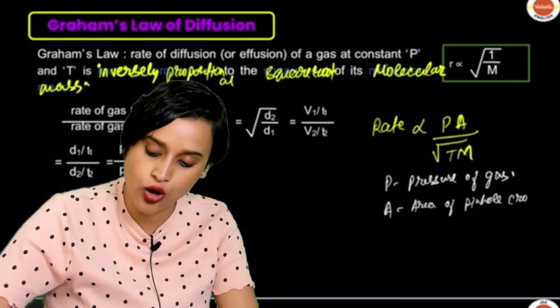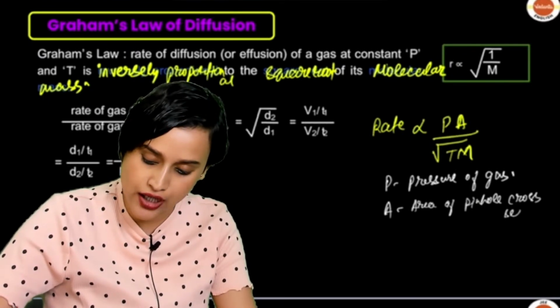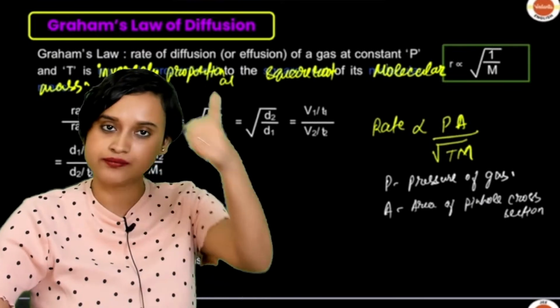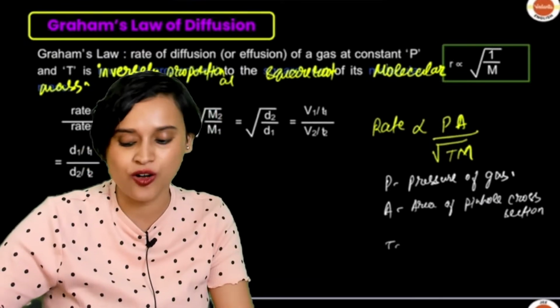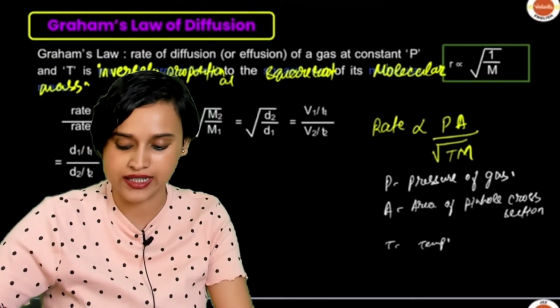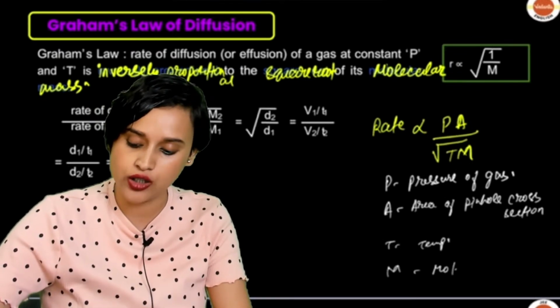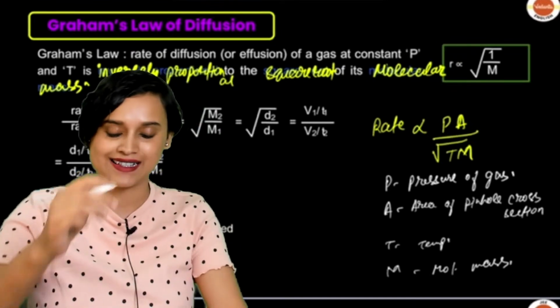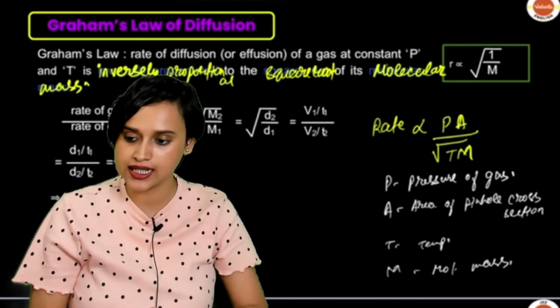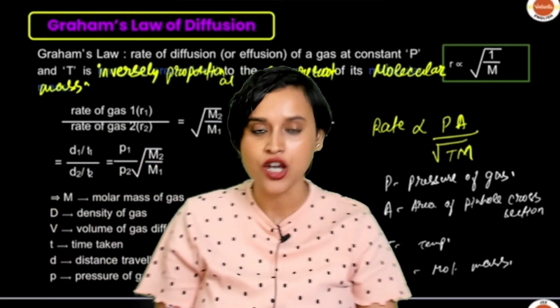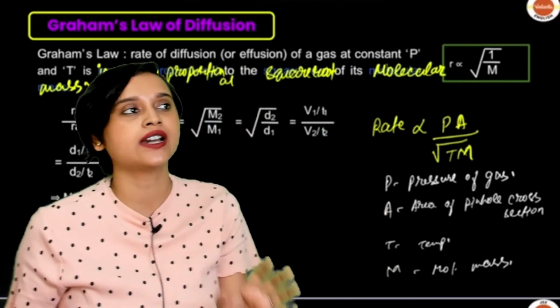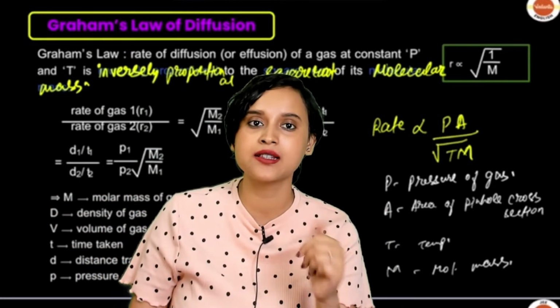Then what is T? Obviously temperature. And what is M? M is basically your molecular weight or molecular mass. Now do you understand, everybody? This is clear. Now rate, you must have studied in physics that rate can be dx by dt.